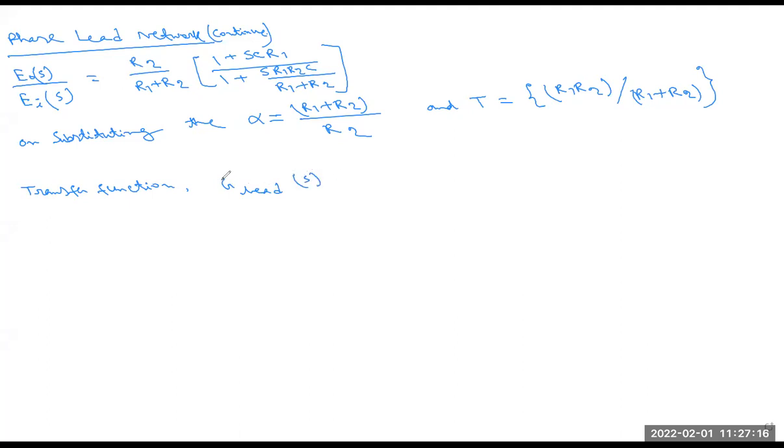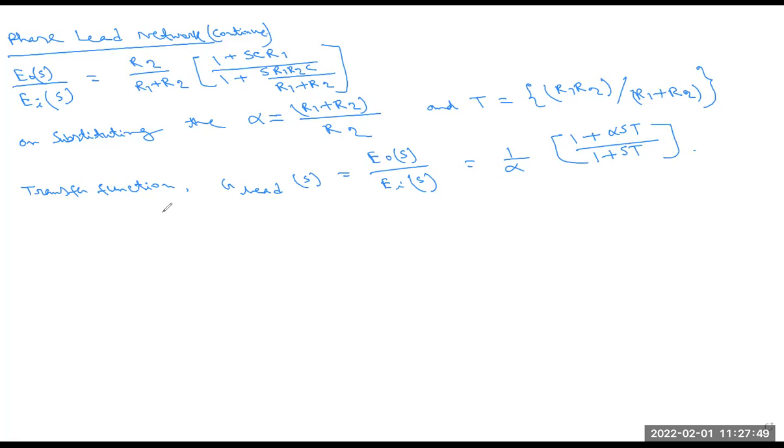That is G lead, that means the transfer function of the lead network circuit. This equals the output of the system to the input of the system, that means E0(S) by Ei(S). And we write this equation as 1 by alpha into (1 plus alpha S T) by (1 plus S T).